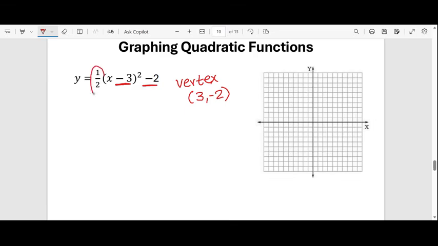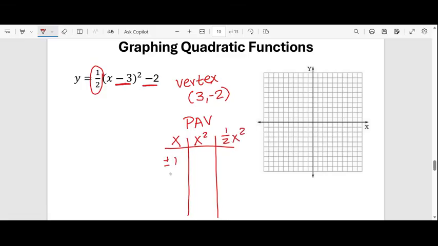Now, my coefficient is this number here. My coefficient here is 1/2. And you might remember when we're multiplying by a fraction, our quadratic is going to have a wider U shape. It's going to get compressed. It's going to look fatter. So we should have kind of a wide looking graph. So when we do our pattern about the vertex table, we will have 3 columns, which are x, x squared, and 1/2 x squared.